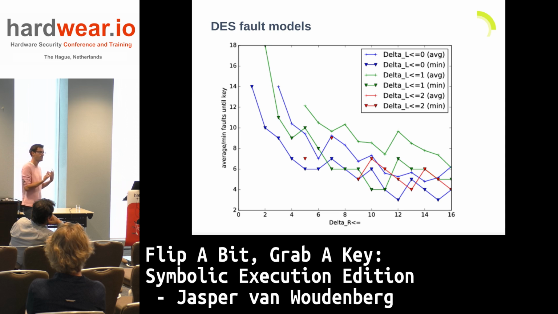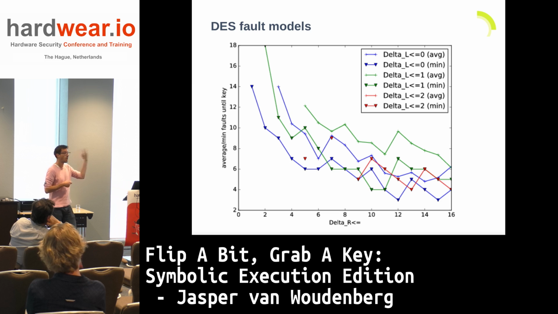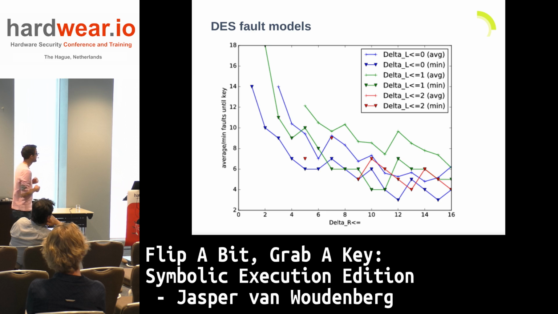We're not learning anything new about the key if we inject faults on the left-hand side, because the left-hand side doesn't go through a key addition anymore. So all we're doing is complicating the analysis when we increase the number of bit flips on the left. Whereas if we do it on the right, we're actually gaining information in those equations.